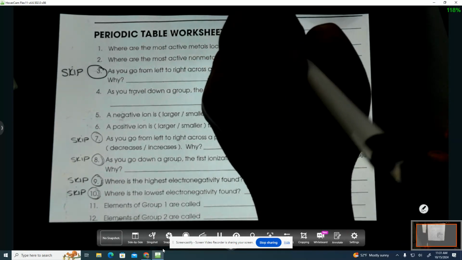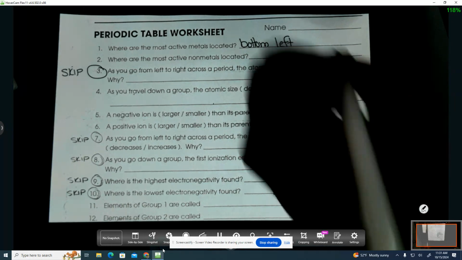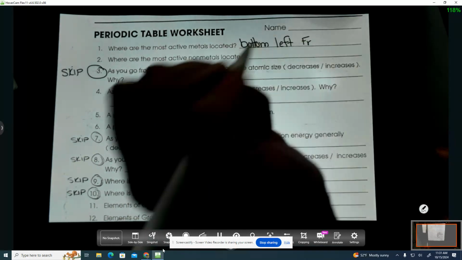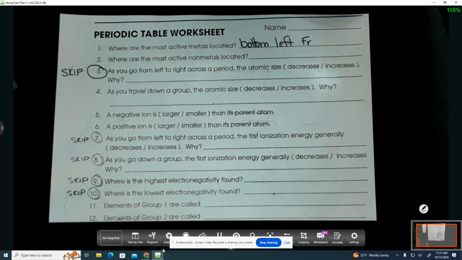Bottom left. I love it. A man of conviction. Bottom left. What element on the bottom left is the most active and why? It likes to lose its valence electron. And it's losing it very quickly because that valence electron is really far away from the nucleus.